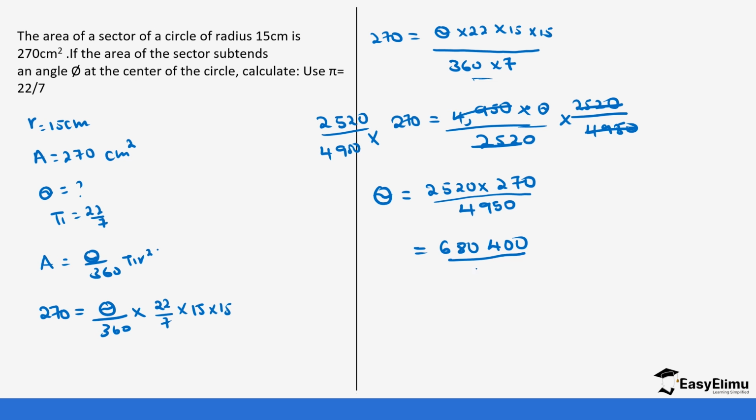This is divided by 4,950. If you divide 680,400 by 4,950, you're going to get 137.45 degrees, to two decimal places. So that is your angle.